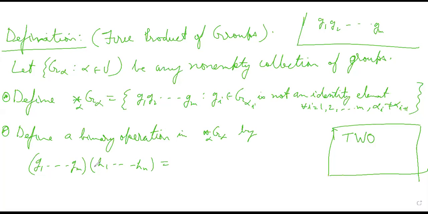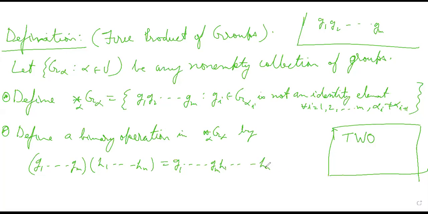So how do we define this binary operation? We will just make another word by putting this word, G1 to Gm, followed by H1, H2, and so on Hn.